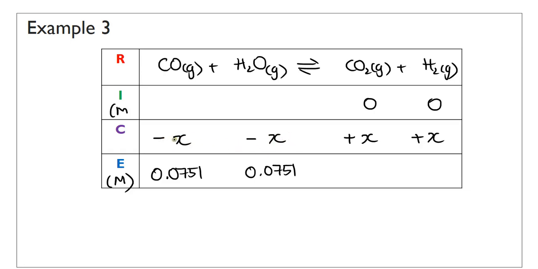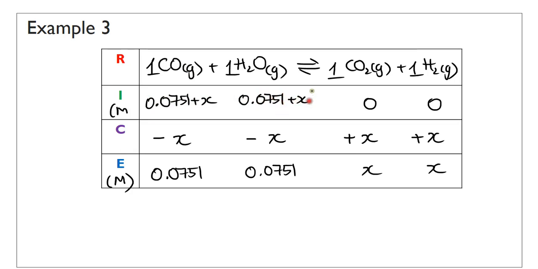And the reason why they are all going up and down by the same amount is because the mole ratio, according to the equation, is a 1 to 1 to 1 to 1 ratio. So this ends with x, and the initial amount of CO and H2O will be 0.0751 plus x, and again 0.0751 plus x. Let's put it in a bracket just in case.